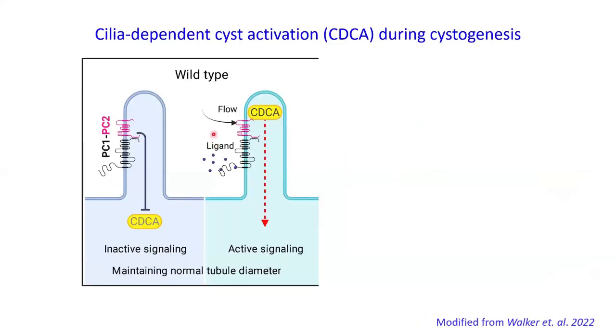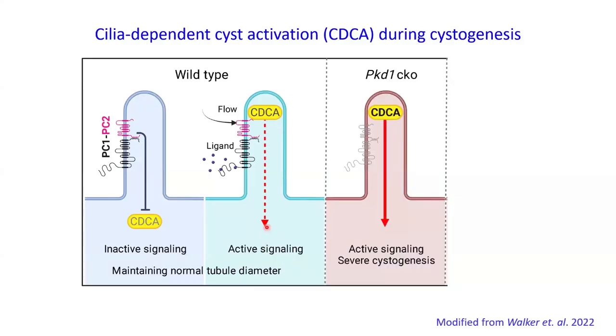So, cilia-dependent cyst activation, CDCA. In wild-type cells, CDCA is suppressed by polycystins and is activated through an unknown mechanism. In PKD1 conditional knockout, CDCA is de-repressed and constitutively active, with signaling leading to severe cystogenesis.